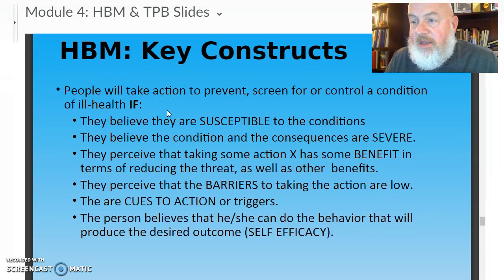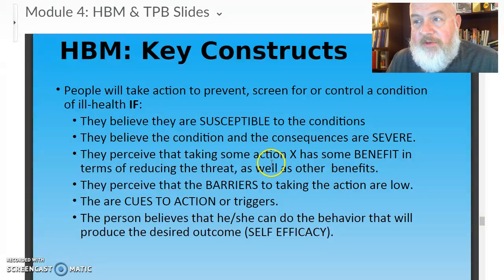Again, we've already said this: if people believe that they're susceptible, if they believe that the consequences of the condition are severe, if they believe that taking some type of action is beneficial for them, if they perceive that the barriers to taking this action are low and the benefits are easy, if you can develop some cues or triggers, can people think that, okay, I can do this and I can produce the outcome?